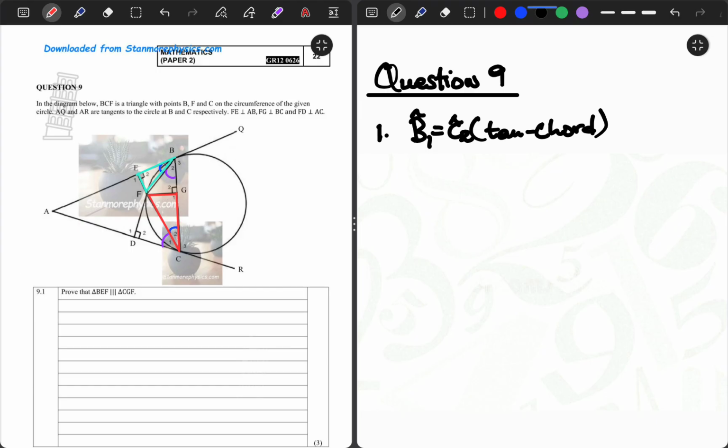We can say G1 equals to 90 degrees because of angles on a straight line.